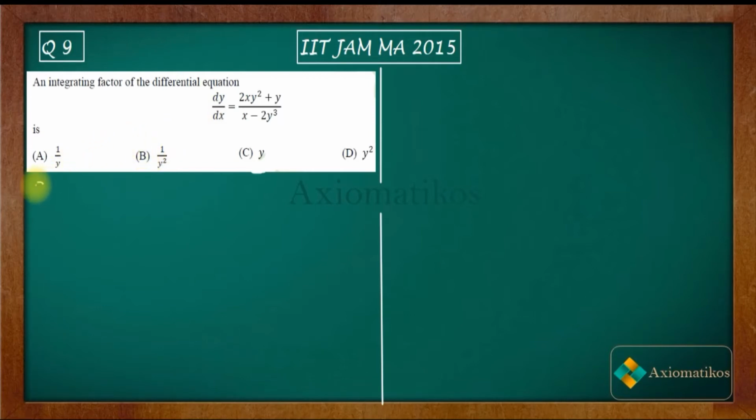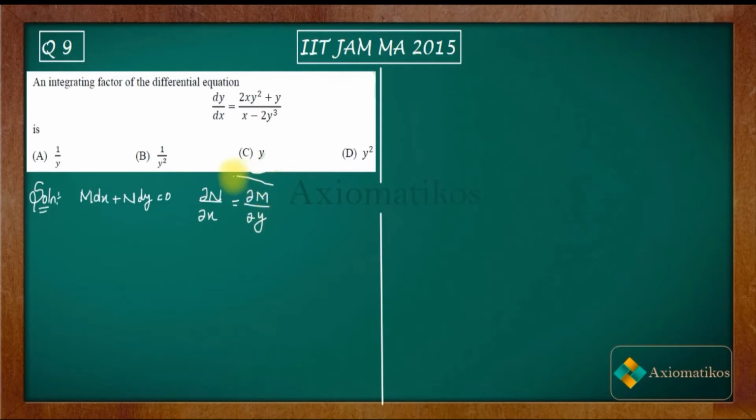So firstly I will tell you what an integrating factor is. Let us say we have a differential equation in this format. We call this equation an exact differential equation when it happens that del N by del x is equal to del M by del y.